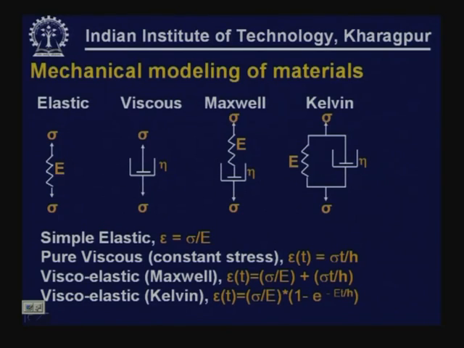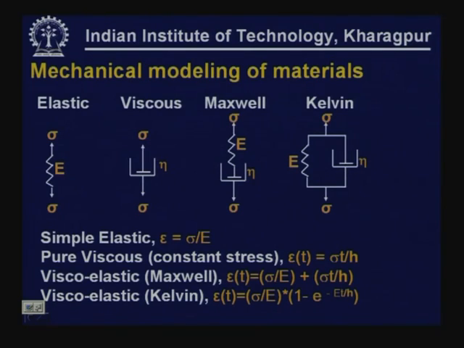For a simple pure elastic material, a spring can be used with an elastic component, a constant value of E. So, when this element is subjected to a stress sigma, the strain is simply given by sigma by E, this we all know.